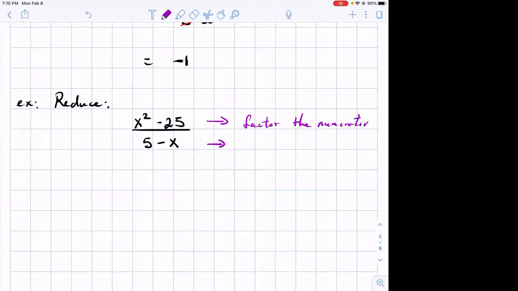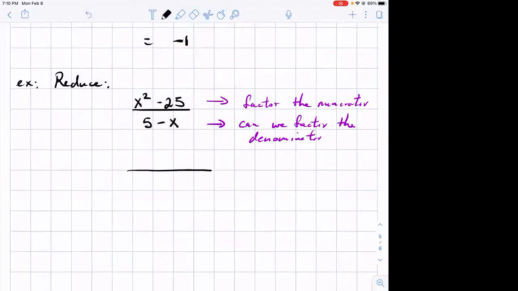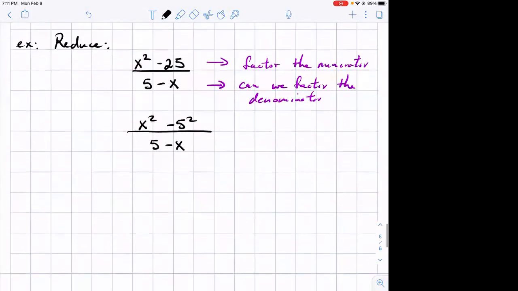And can we factor the denominator? Clearly the numerator is a difference of squares, x squared minus 5 squared, and there is nothing common in the denominator, so that's just 5 minus x. So right now we cannot factor the denominator. There's no GCF.